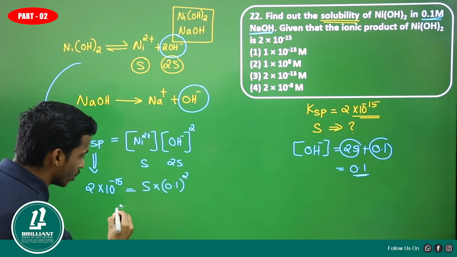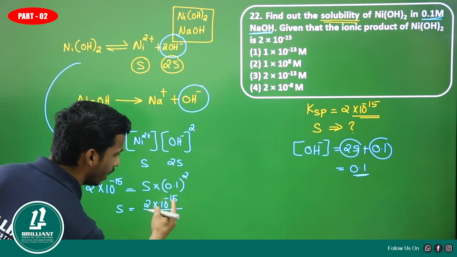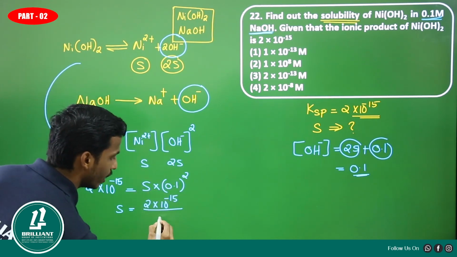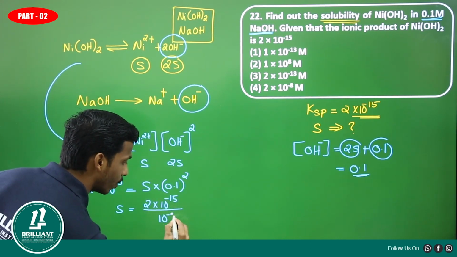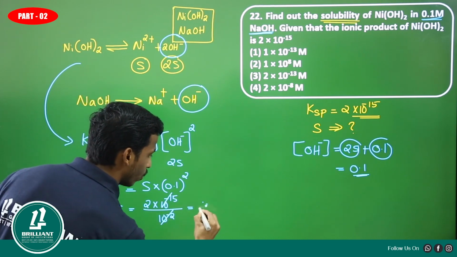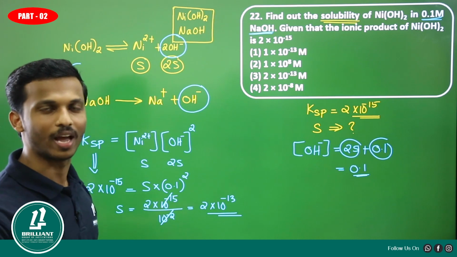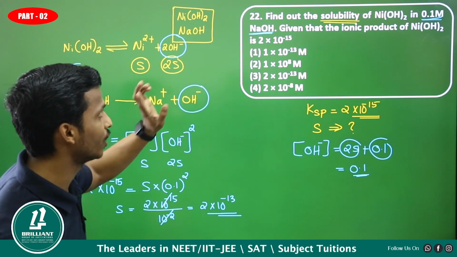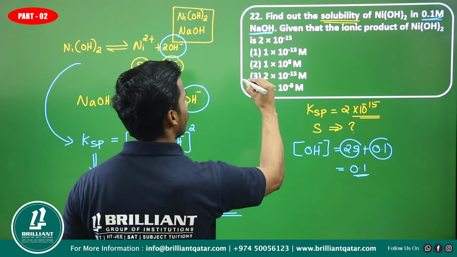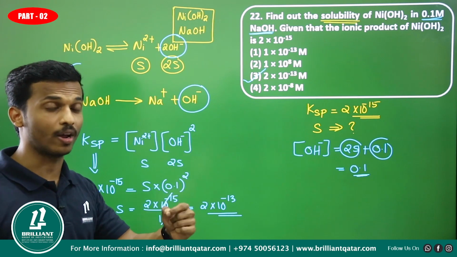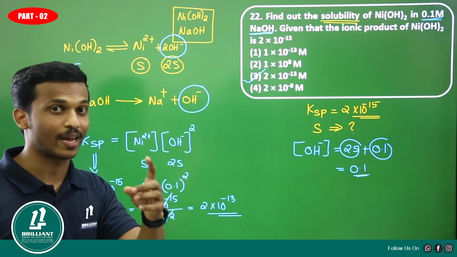So we need to find S. S is equal to 2 into 10 to the power minus 15 divided by 0.1 square. 0.1 is 10 to the power minus 1, the whole square becomes 10 to the power minus 2. So it is equal to 2 into 10 to the power minus 13. That is the value of solubility. So question number 22, the answer is 2 into 10 to the power minus 13 molar. Answer is 3. We have to discuss the common ion effect also, that will change your OH minus ion concentration.